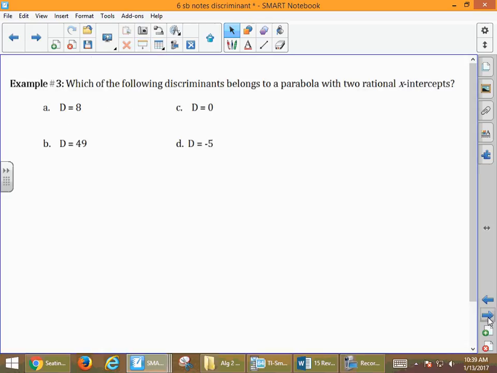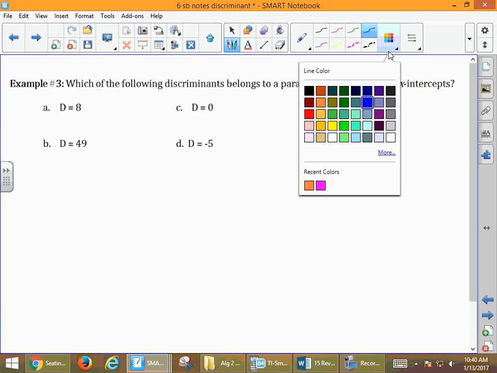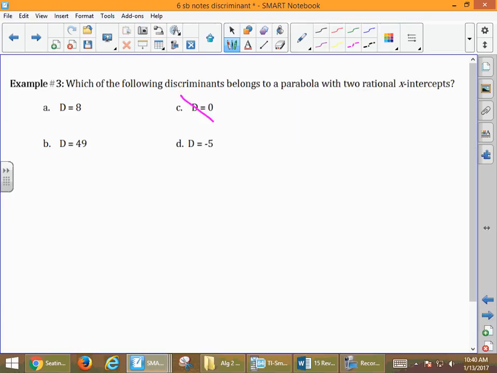So to finish here, a multiple choice question. Which of the following discriminants belongs to a parabola with 2 rational x-intercepts? You know when you're taking a multiple choice test that you always want to see if you can eliminate any of the answers. The first one that jumps out at me is that it's not going to be 0, because 0 only has 1.